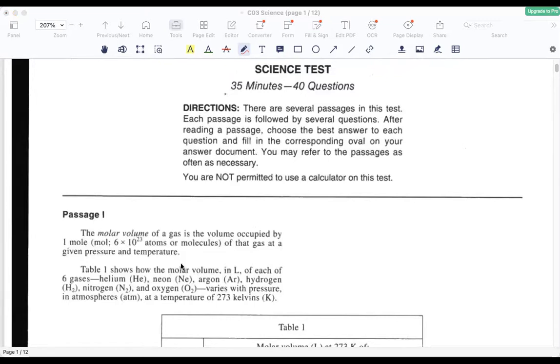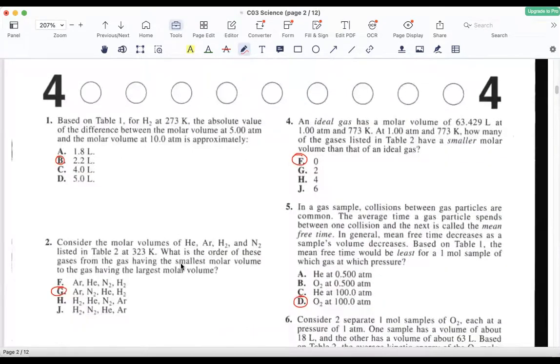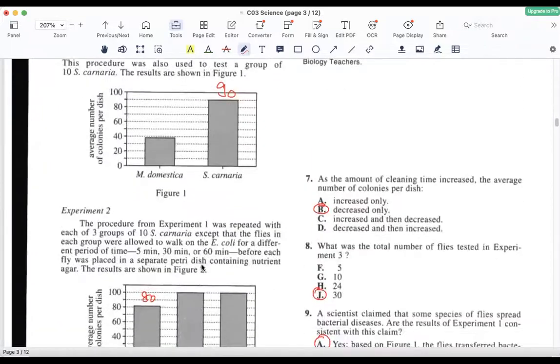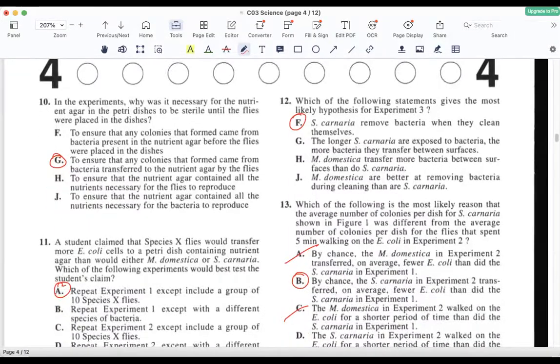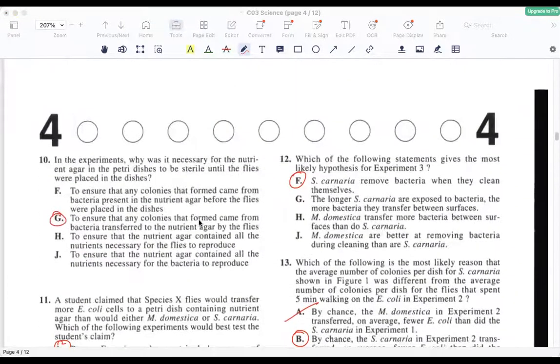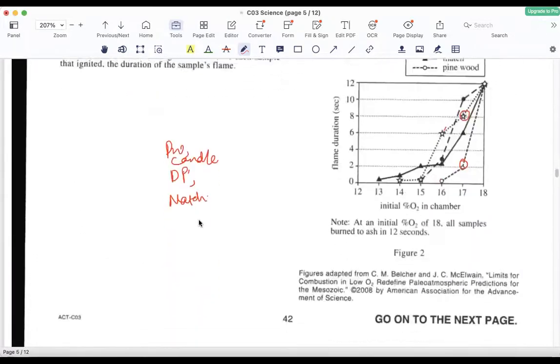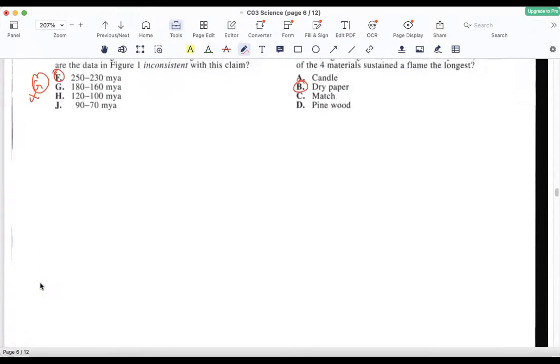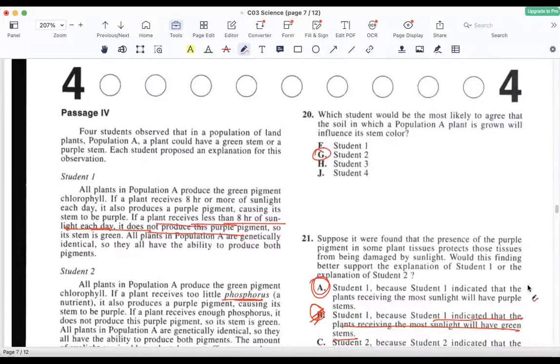Okay, BGBFD, number 6, JBJAG, number 11, AFBFC, number 16, GCFBG. 16 is G, so we'll come back to this. 20 is G.